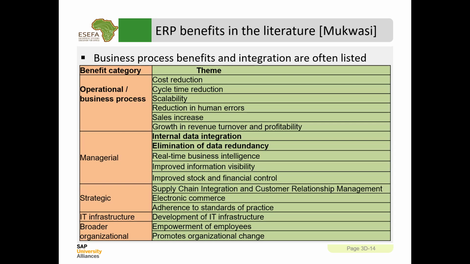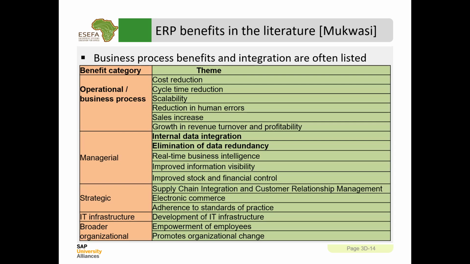Now the next thing is development of IT structure. Yes, there's IT compliance. Everything is relevant to current day operation. Broader organizational, so there is empowerment of staff. Employees are happy. Yes, there's satisfaction.